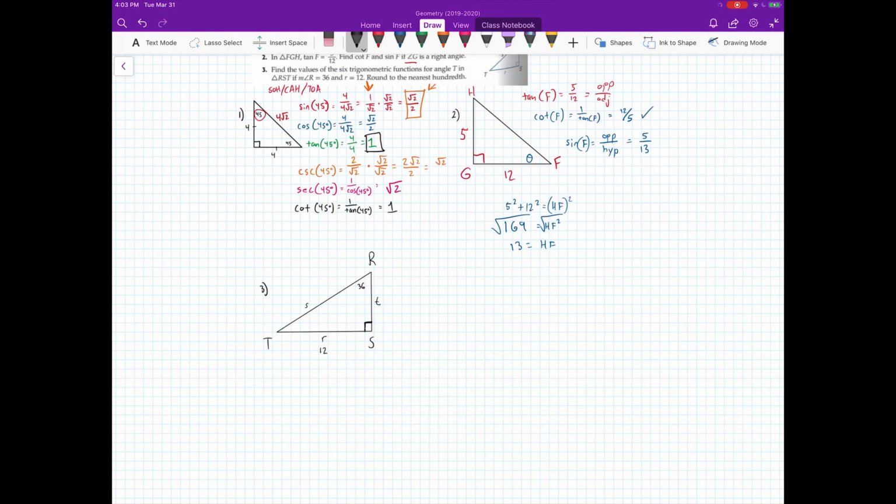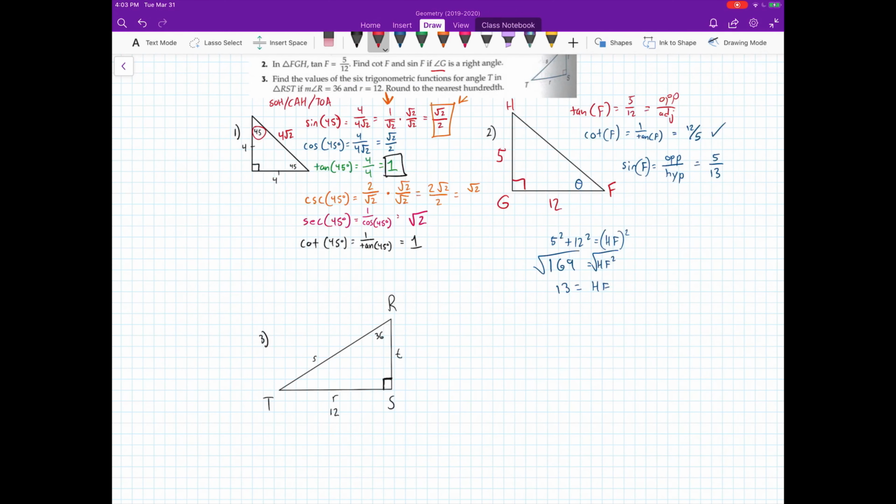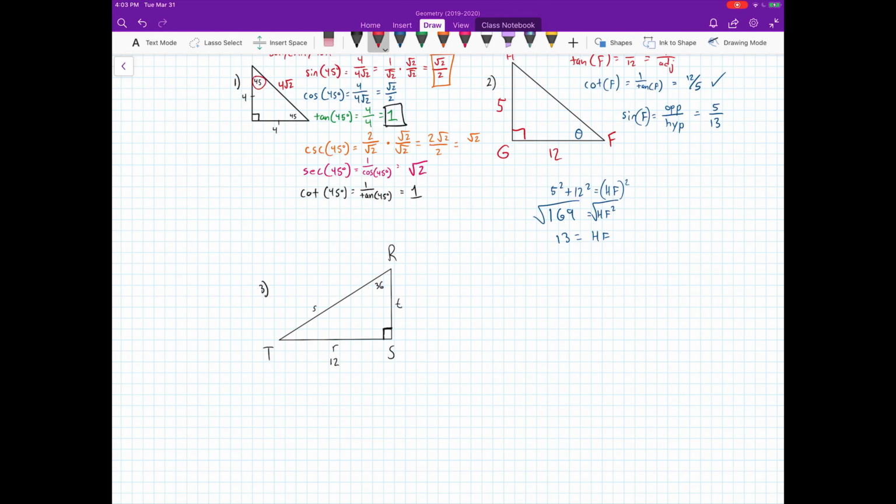For number 3, we want to find the values of all 6 trigonometric functions for angle T in this triangle if angle R is 36. All I would do is just do 90 minus 36, which equals 54 degrees, and put that in for T. And then I would use a calculator.